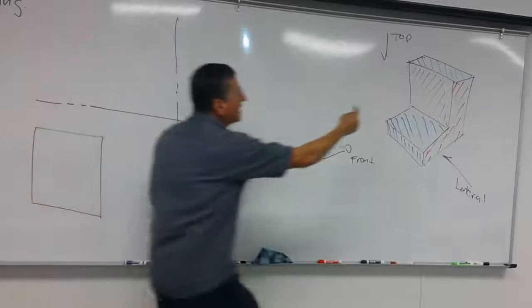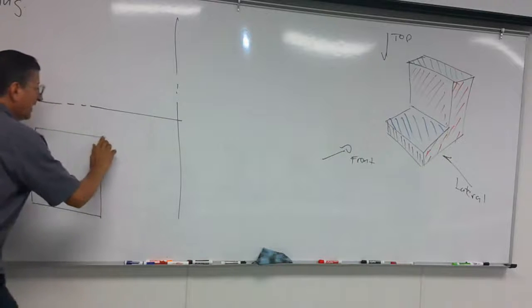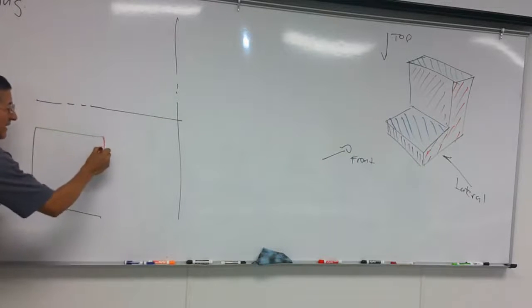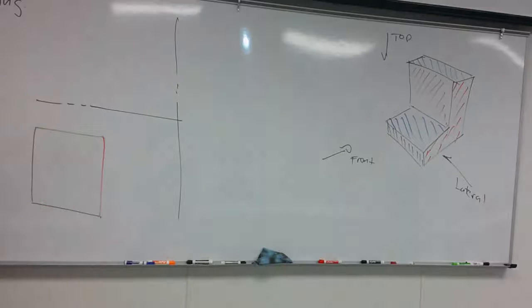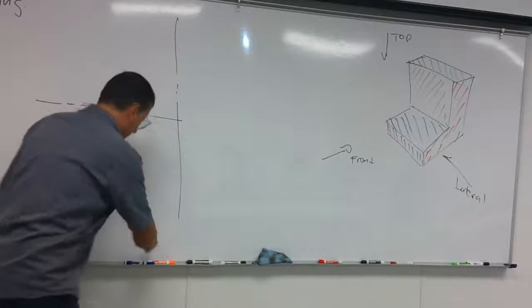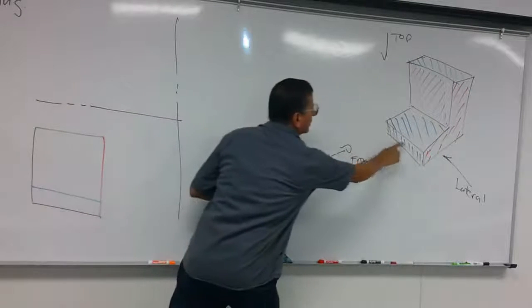What about the red side? The red side is a red line in this side. What about the blue one here? The blue one is here. What about the purple?